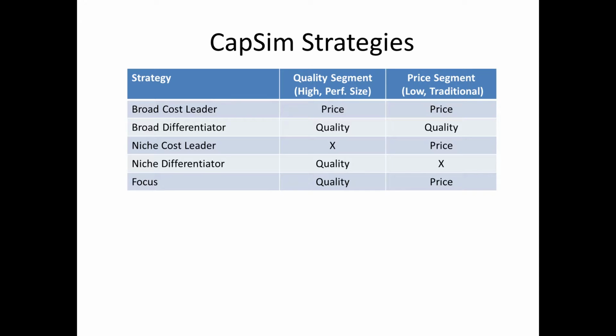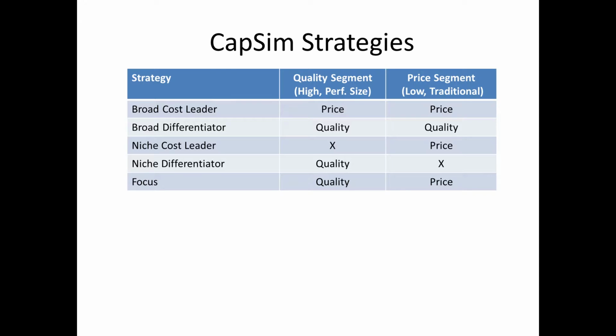So if you recall, in the strategy discussion, we talked about 5 strategies. You could be a cost leader or a differentiator, which could be either broad or niche. Remember that a cost leader is someone who is primarily focused on managing cost and therefore competes on price.